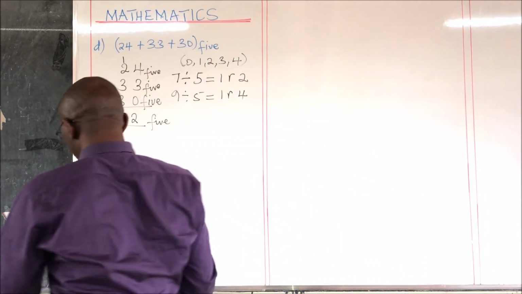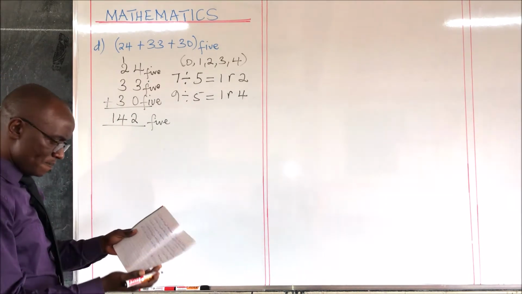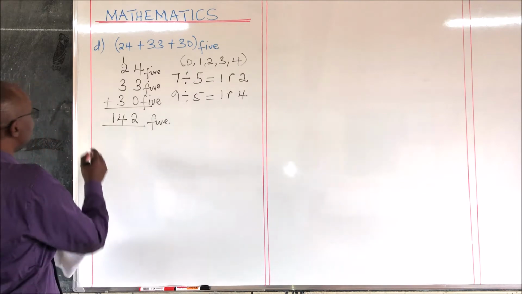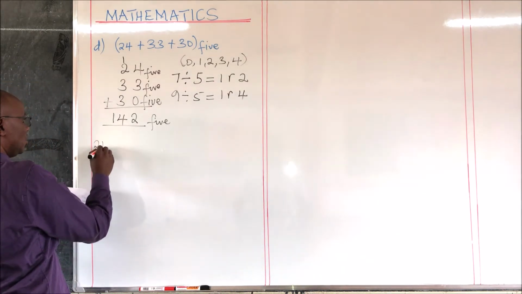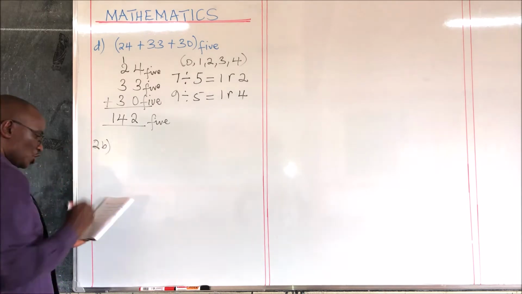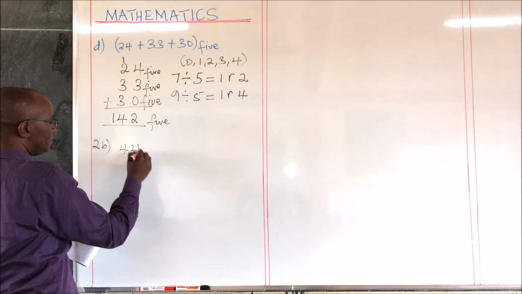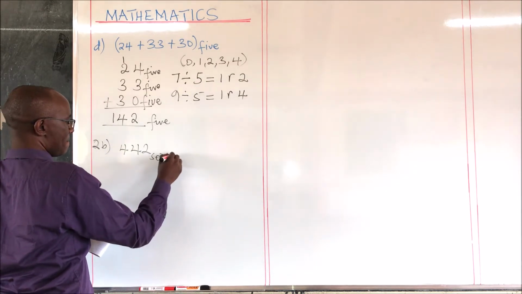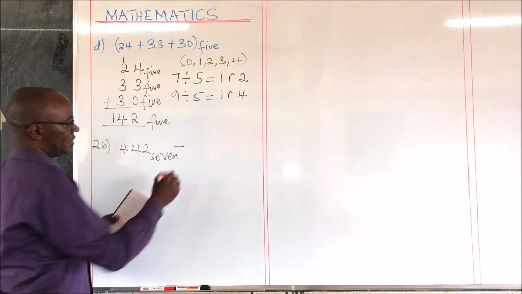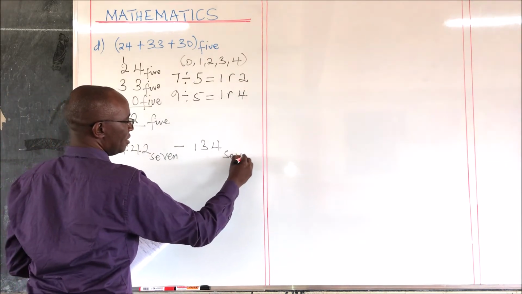Now I straight away take you to subtraction, and the question I have picked was number 2 part B. It is 442 base 7 minus 134 base 7.